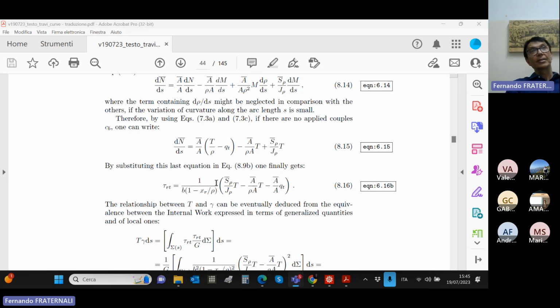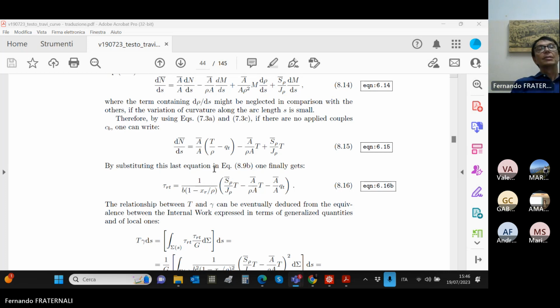This term is present in the classical Jourawski theory, and this term is present in the special case in which the beam has, for example, precompression or an axial load. These two terms are present in the classical Jourawski formula. This other term is additional and accounts for the curvature, which is also accounted for by this Jacobian that multiplies this coefficient.